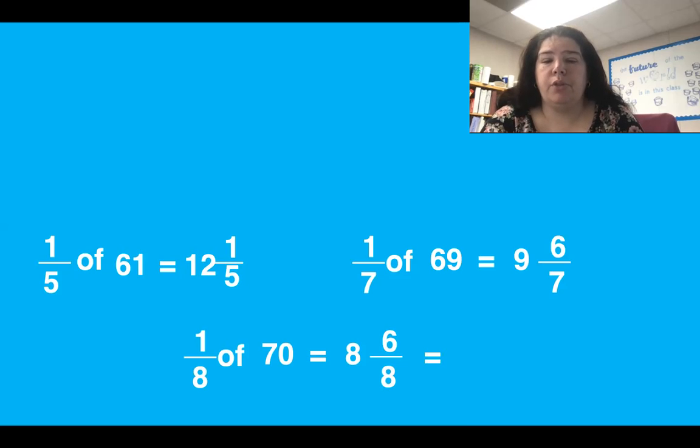If you can reduce, you must reduce. So the 8 stays the same. And 6 over 8, what does that reduce to? What are you going to divide by? 6 divided by 2 and 8 divided by 2 is 3 over 4. That's your final answer. Good.